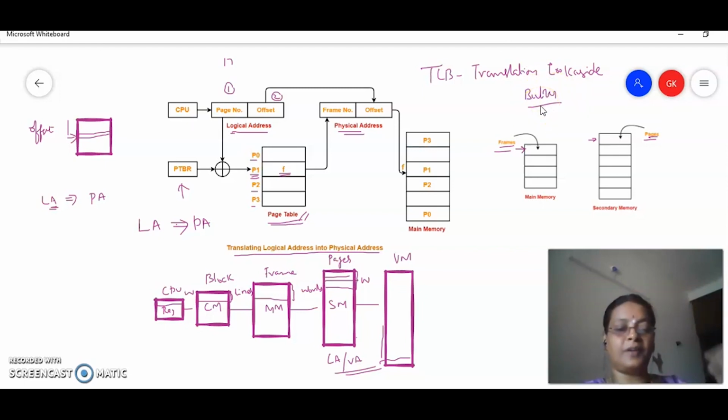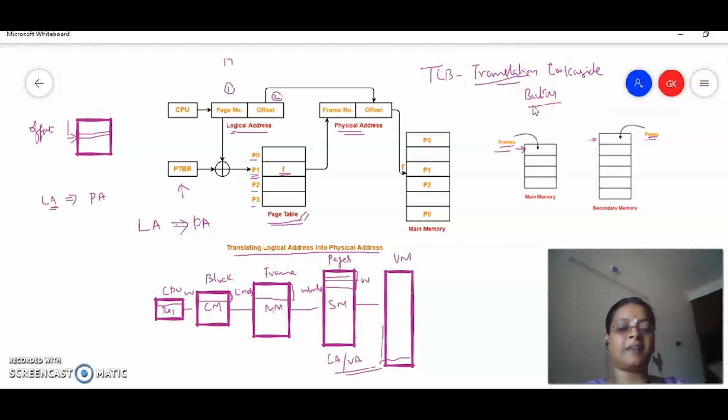If I refer to a particular line in the memory to identify its physical address, I have to do the mapping. And if this mapping has to be done for every reference, it is going to be a time consuming activity. So the first time, if it is available in the memory, I will do the translation, and the translated address details will be stored in this buffer.